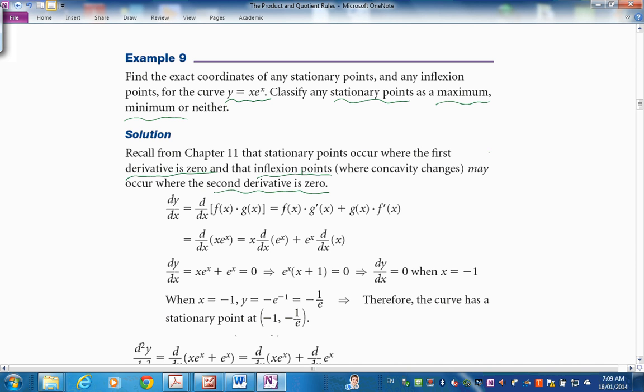Let's do the derivative of this product. Okay, so if we do the derivative of the product, first unchanged, derivative of the second, and then derivative of the first and the second unchanged.